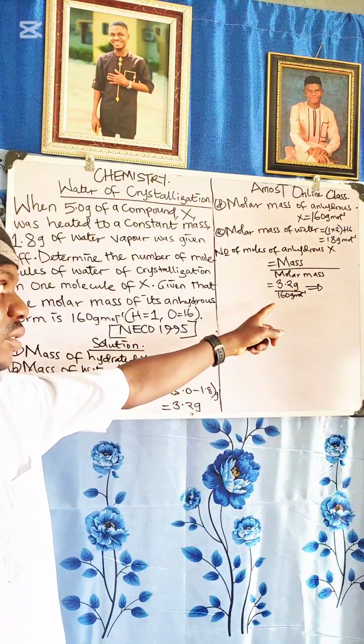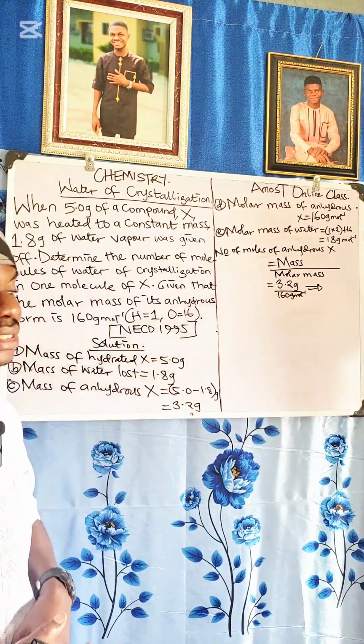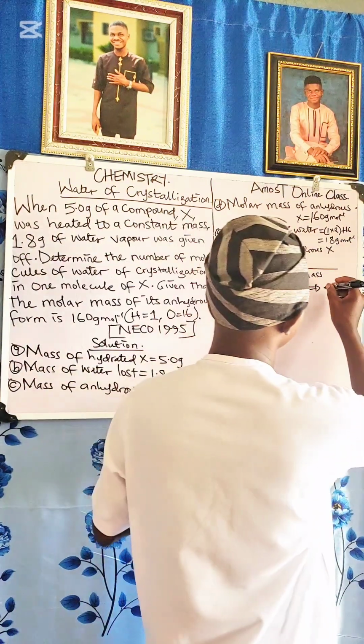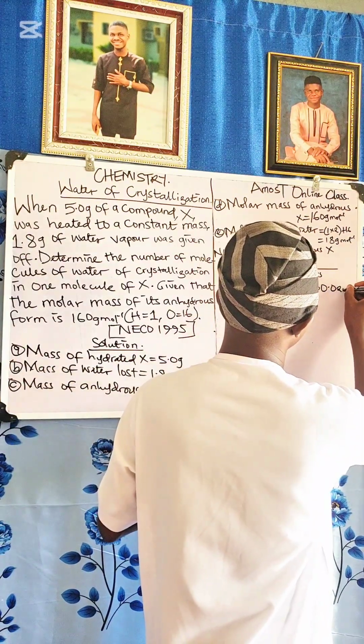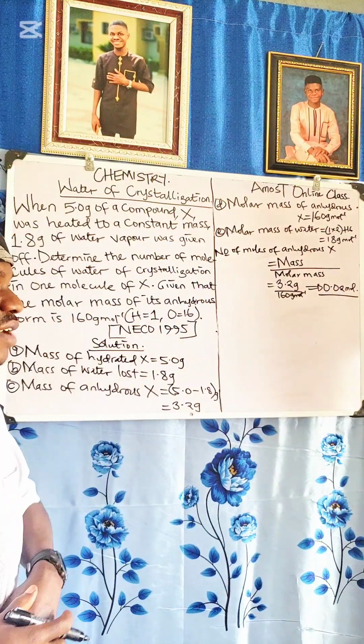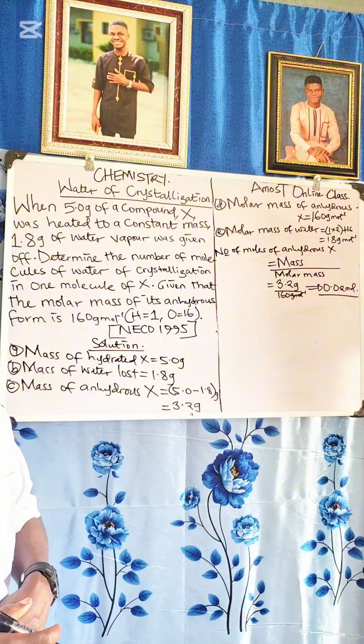If you check your calculator, 3.2 divided by 160 is 0.02 moles. So the number of moles of anhydrous X is equal to 0.02 moles.